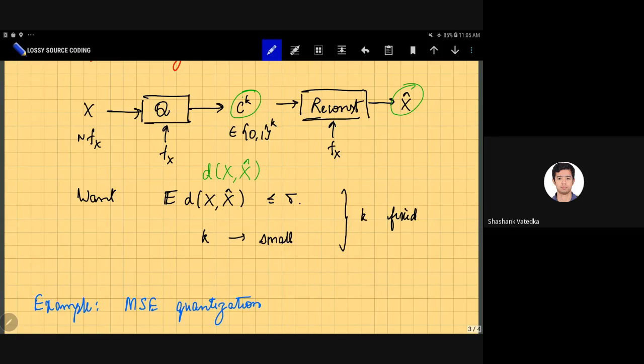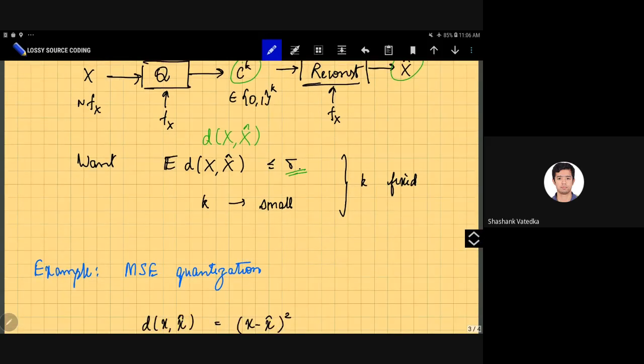The choice of the distortion will depend on the application, but most commonly used distortion measures are, for example, the Hamming distortion or the mean squared error distortion. So you want the average distortion to be less than or equal to some value, which we'll call delta. This is the expected distortion that we can tolerate. And our goal, while ensuring that the distortion is less than or equal to delta, is to make sure that k is as small as possible.